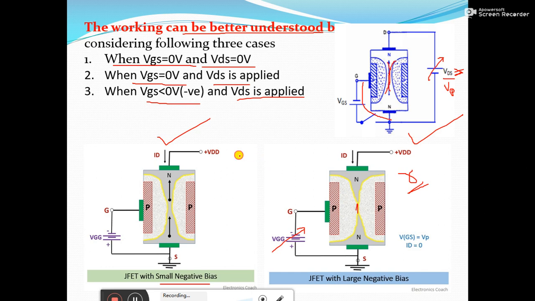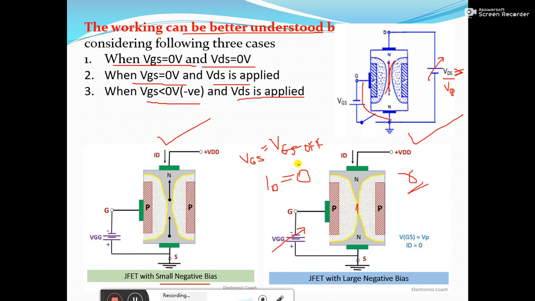Whenever the VGS value becomes equal to VGS(off), ID will become 0. There won't be any drain current.